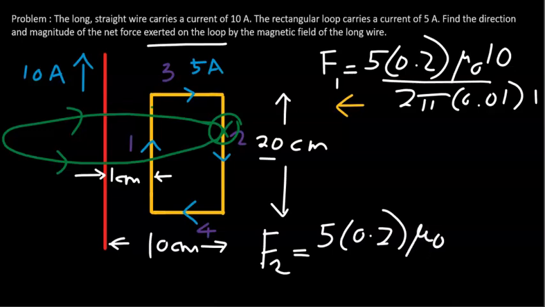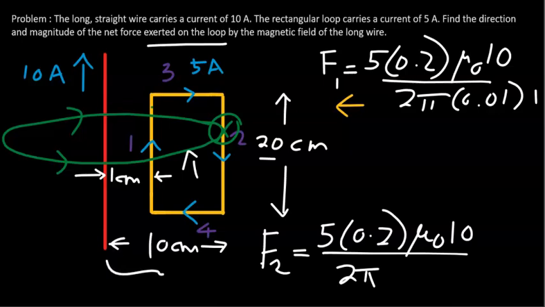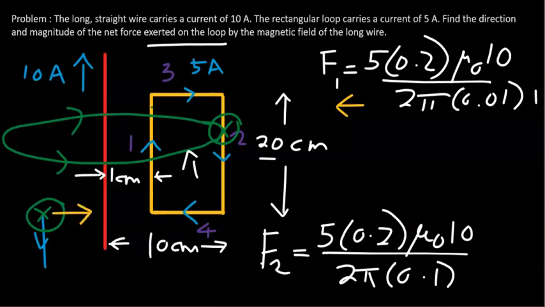The magnetic field at side 2 is mu naught 10 ampere, that's the current producing this magnetic field, over 2 pi. The entire distance from here to here is 10 cm, so that is 0.1 meter. Note that along side 2, the current is going downward, the field is into the board, so the magnetic force is going rightward. So this F2 has a direction rightward.